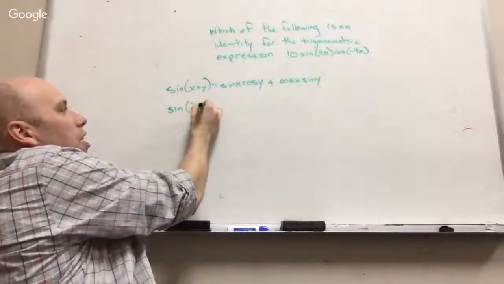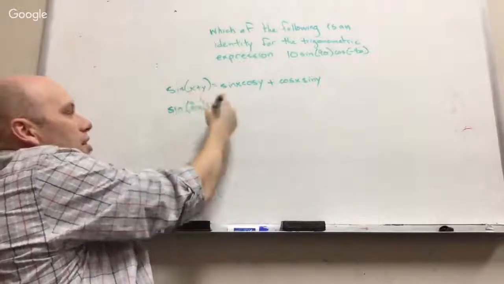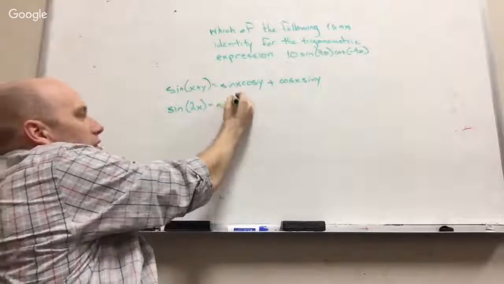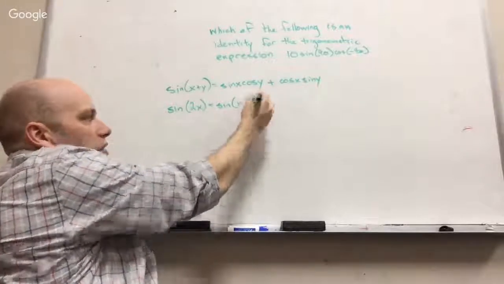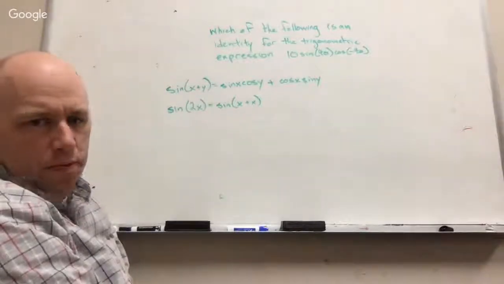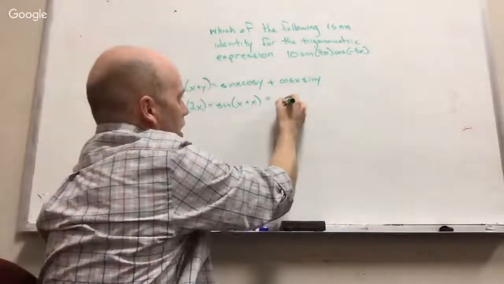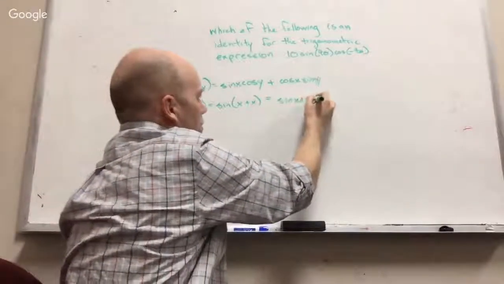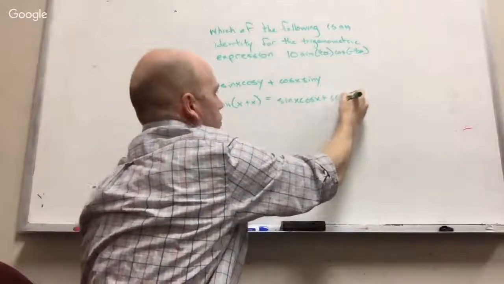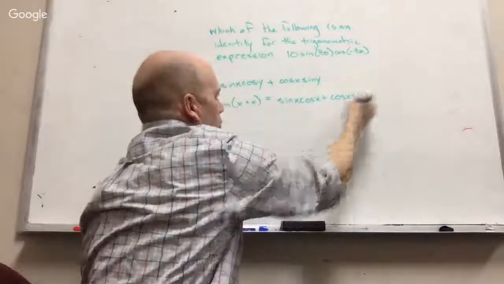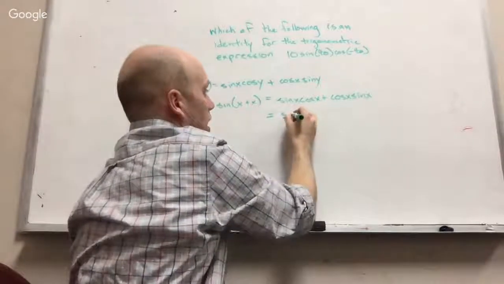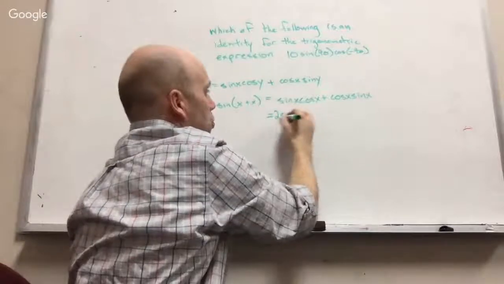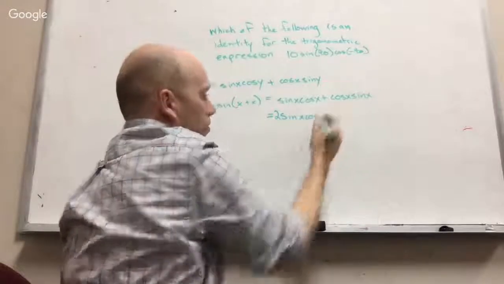If we want to know the double angle formula, all we have to realize is that sine of 2x is just sine of x plus x, right? And so you can just say sine x cosine x plus cosine x sine x, which is just 2 sine x cosine x, right? You with me there?